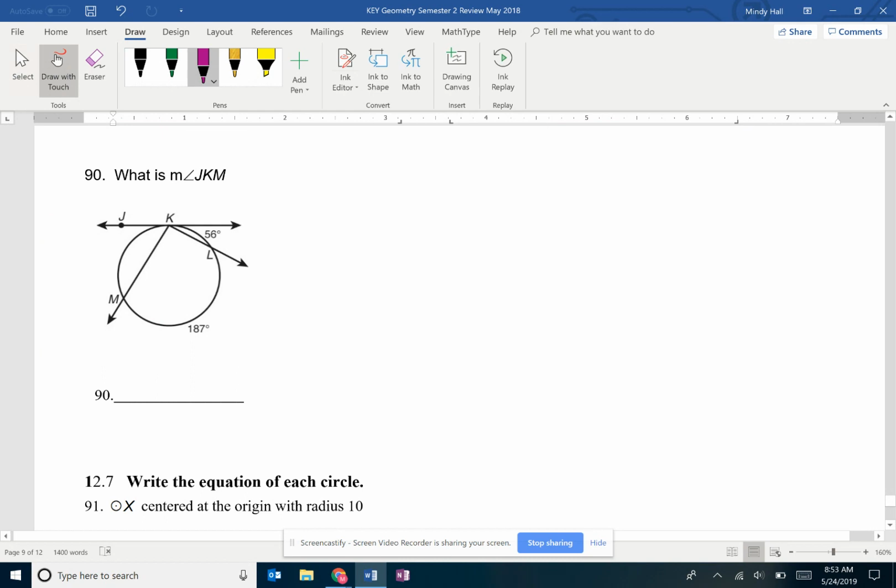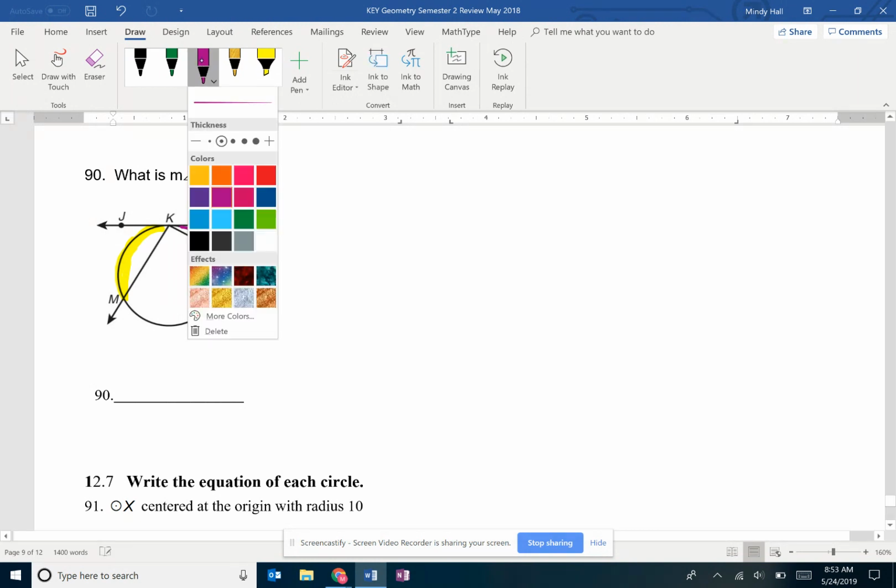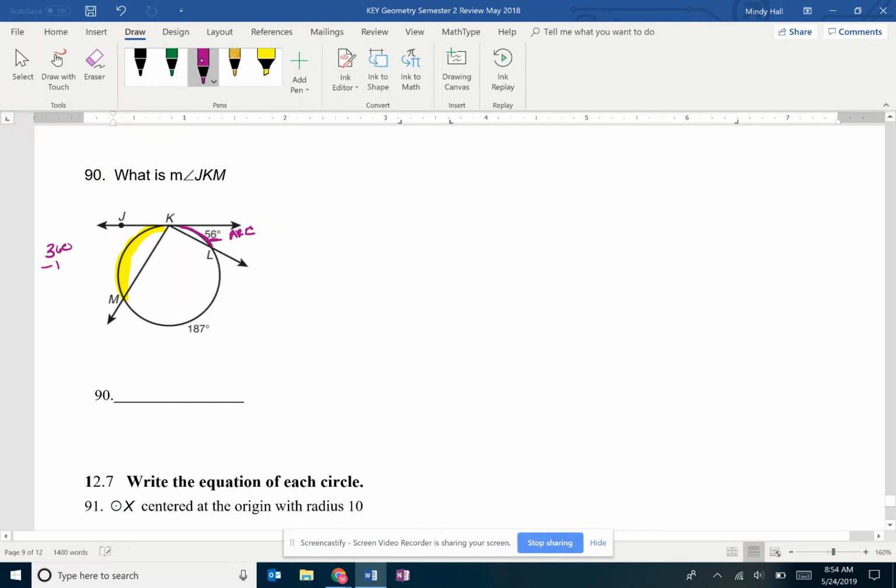So for 90, I'm assuming that this 56 is the arc measurement. So taking that into assumption, I can find this arc, KM, by doing 360 minus 187 minus 56. And so that would give you 117 degrees.